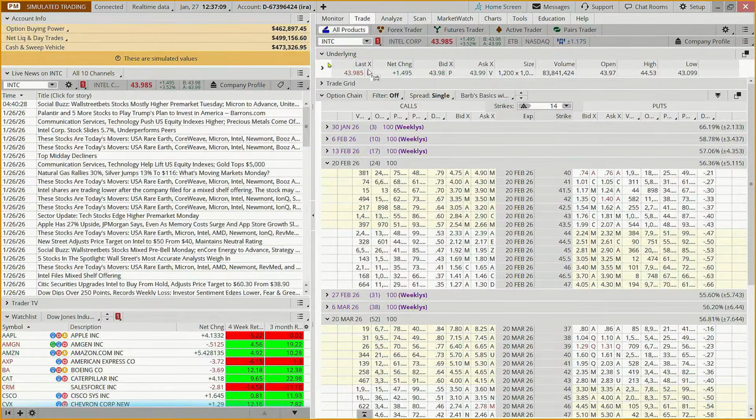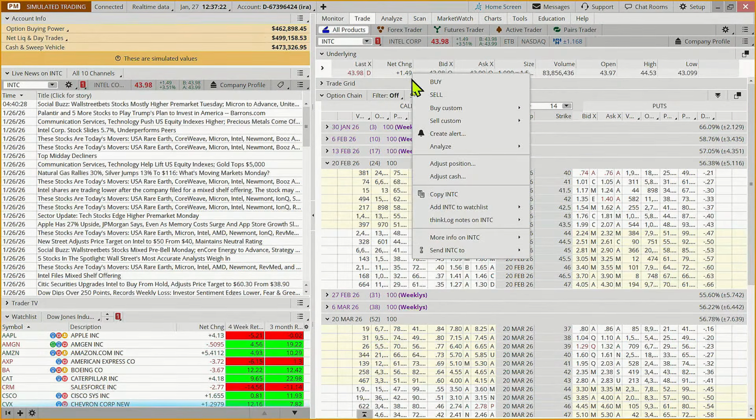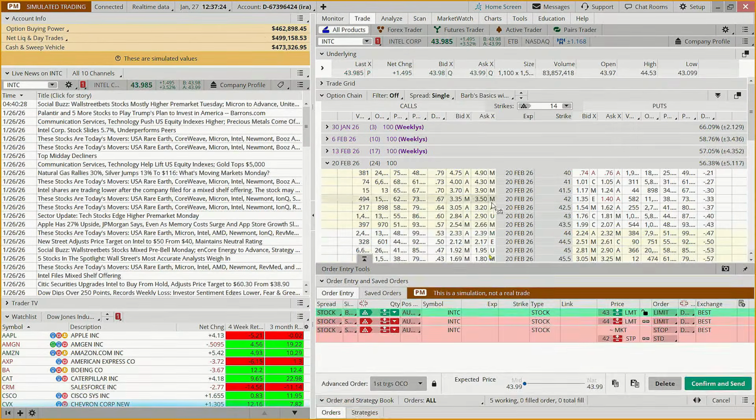So let's say this is a $500,000 account. We could do a position size that's 5% of the account value, so about 400 shares. So we're going to buy custom.